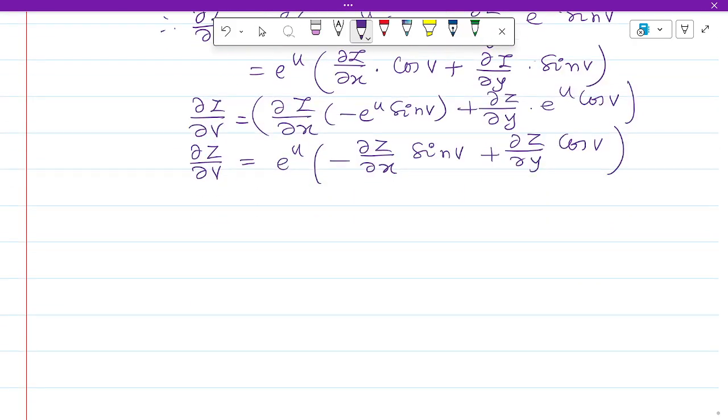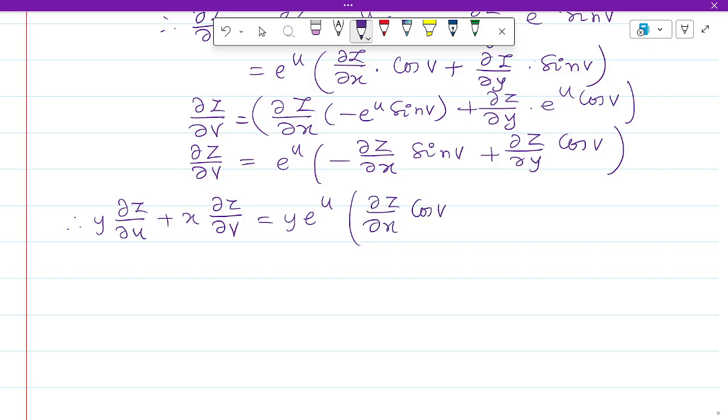Next, you have to find y ∂z/∂u plus x ∂z/∂v, equal to y e^u, ∂z/∂x cos v plus ∂z/∂y sin v.